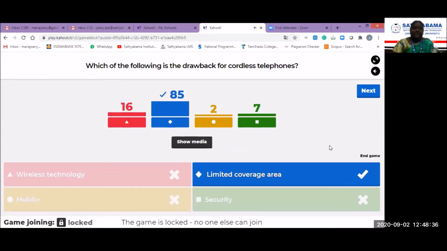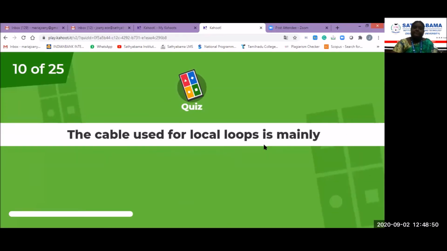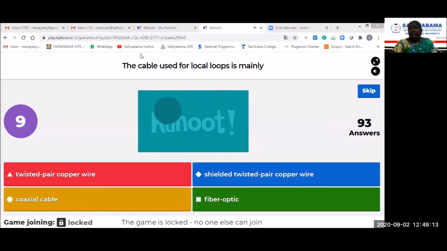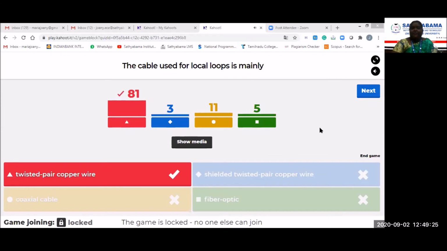Because of the limited coverage. The cable used for local loops is mainly twisted pair of copper wires. That is going to be the local loops.